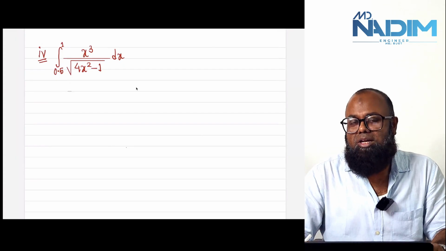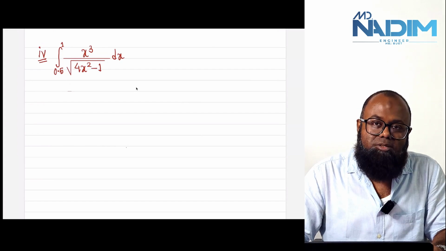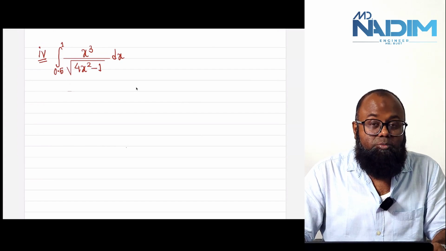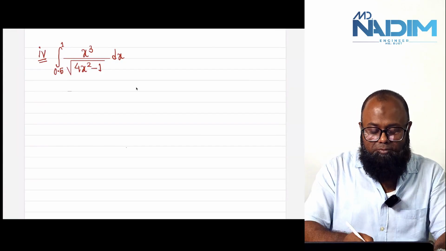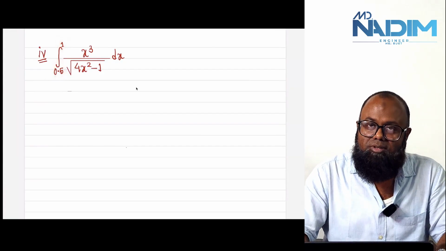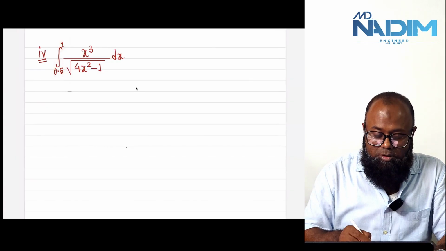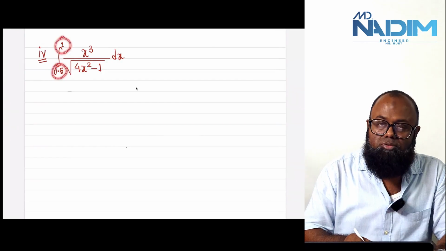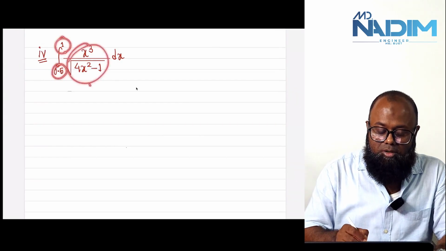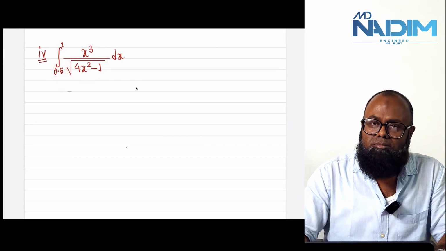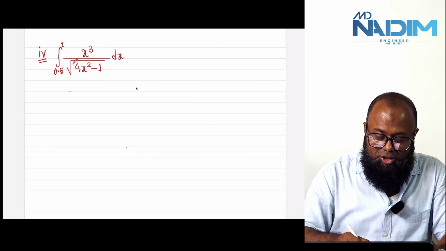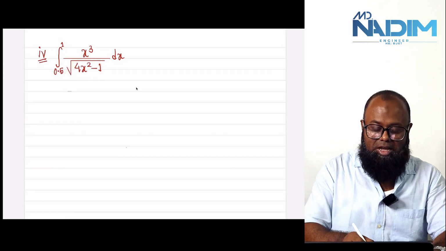Can you remember that you did improper integrals in P1? We call it an improper integral if one of the limits is infinity, which is not the case here, or if we put the value here, one of them can make the denominator 0, like half.